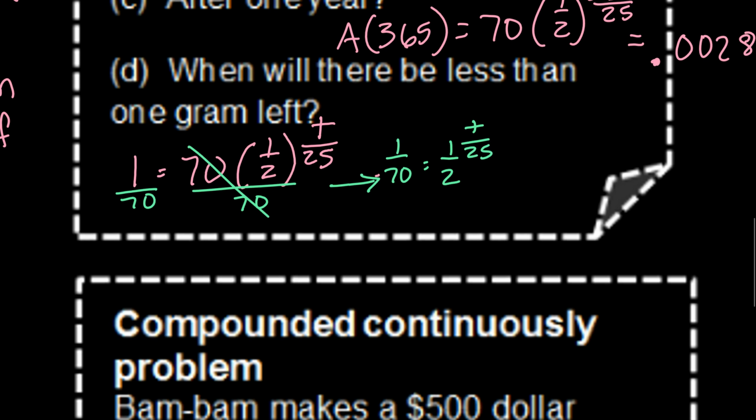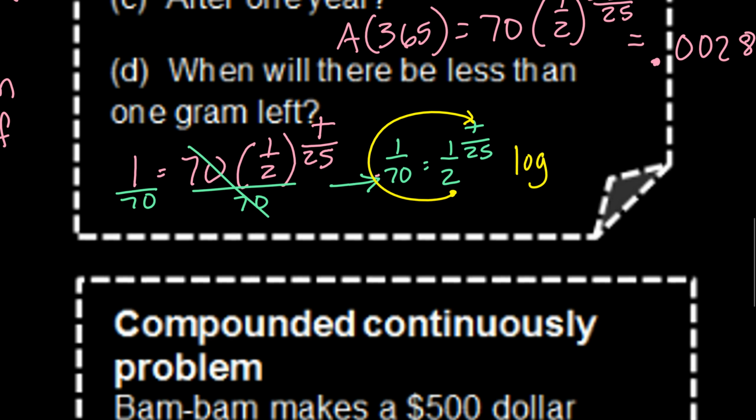Now what do I do? Yes, now my exponential term is by itself, so I go ahead and log roll. I start with my base, which is 1/2, and I roll towards the equal sign and around. So I'm log rolling, I'm converting this into a what? A log. So what do I need to write?